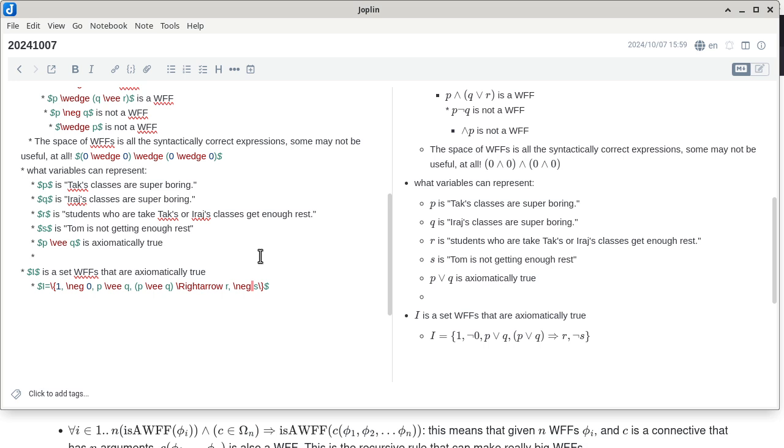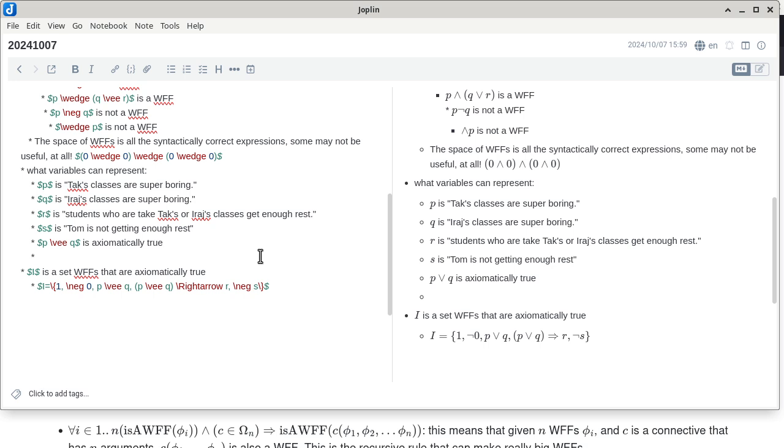Okay, so that's the story of this universe. The story of this universe is between tax classes and the rush classes, one category, at least one category, are super boring. Okay, that's just a universal truth. The second universal truth is a little bit more awkward, because it says if at least one of the two categories of classes are boring, then the students are getting enough rest.